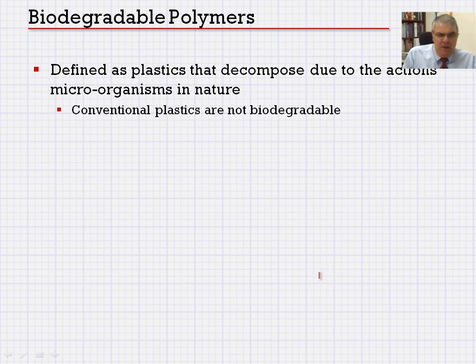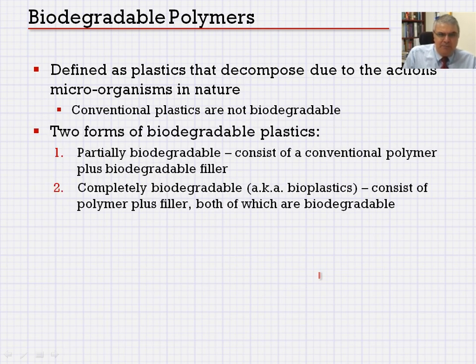So what are biodegradable polymers? They are not conventional plastics, because the conventional plastics are not biodegradable. These are plastics that decompose due to the actions of microorganisms in nature, meaning that if we throw them somewhere in the landfill, the decomposition process takes place due to the presence of all the microorganisms in nature.